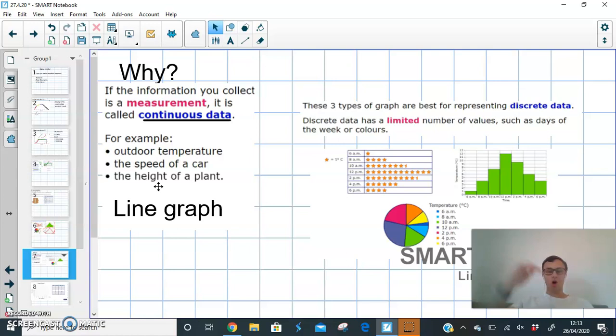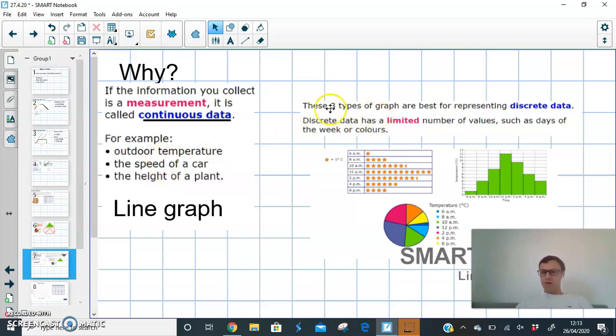You would measure that height of the plant. So again, that would be continuous data. So it's called continuous data if you measure it, okay? And it obviously doesn't have to be physically with a tape measure. You can measure it with whatever means needed. So the speed of a car, you'd measure the speed. The outdoor temperature, you'd measure the temperature, okay?